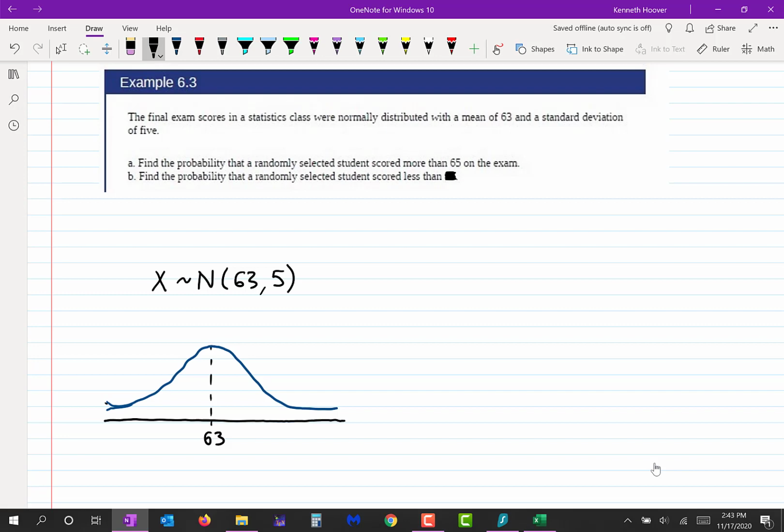Or maybe even a little smaller. How about we make that 71.